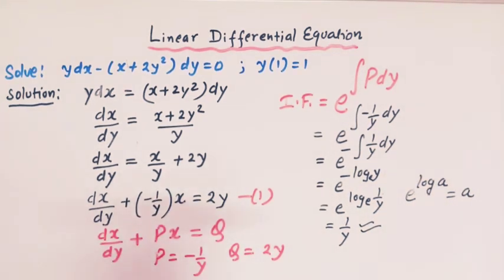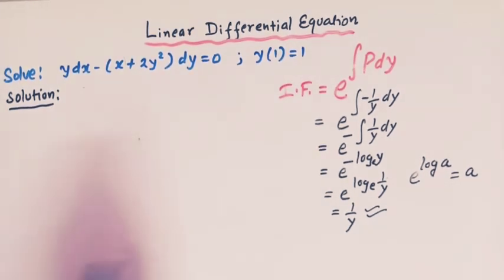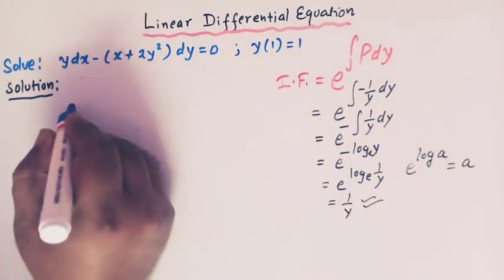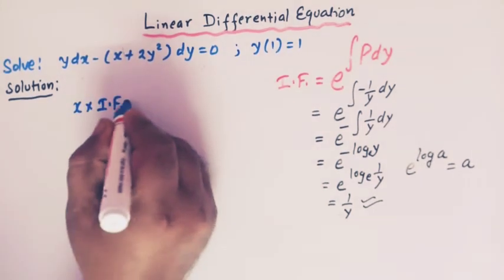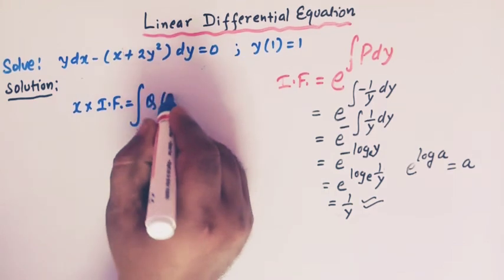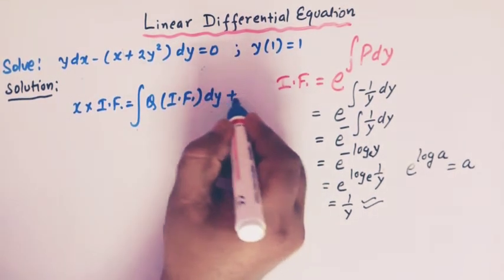Now let us write the solution of this differential equation. The solution is given by x times the integrating factor is equal to the integral of Q times the integrating factor dy plus c.